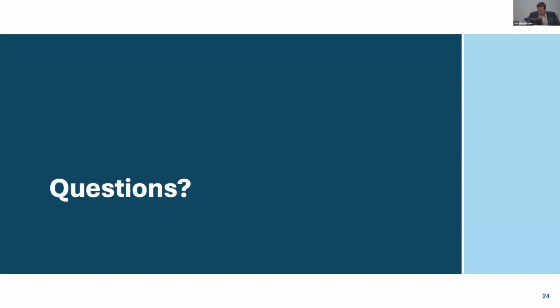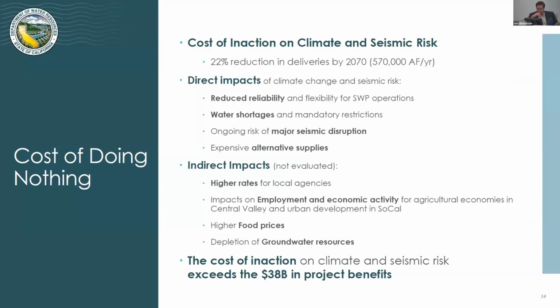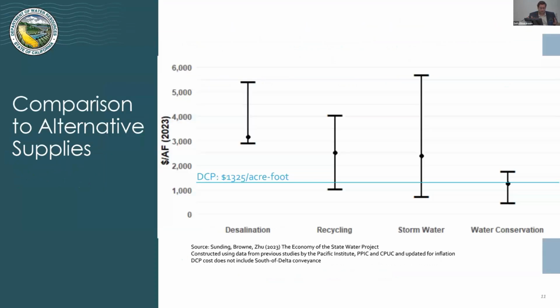Dr. Sunding, on your presentation, you had a slide there on the alternative supplies. Can you maybe talk to the consideration for the opportunity for that supply to be developed in certain geographic regions or not? One of the things I think about, I work at Mojave Water Agency, is the high desert region, the San Bernardino. Things like desalination don't really make sense, unless maybe we invest in desalination and exchange.